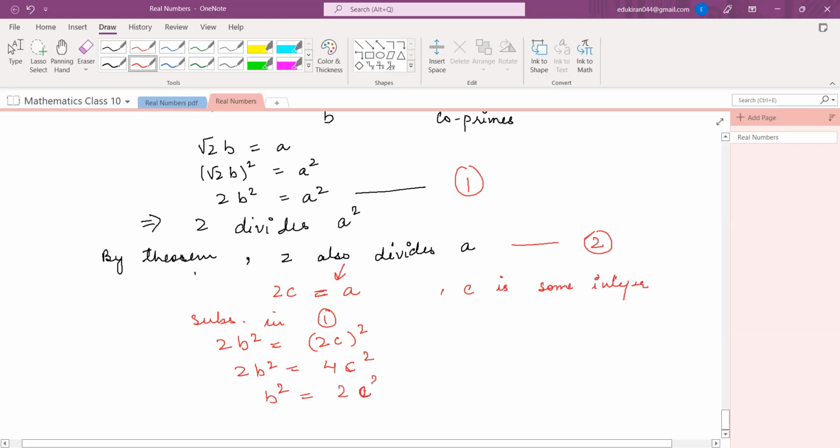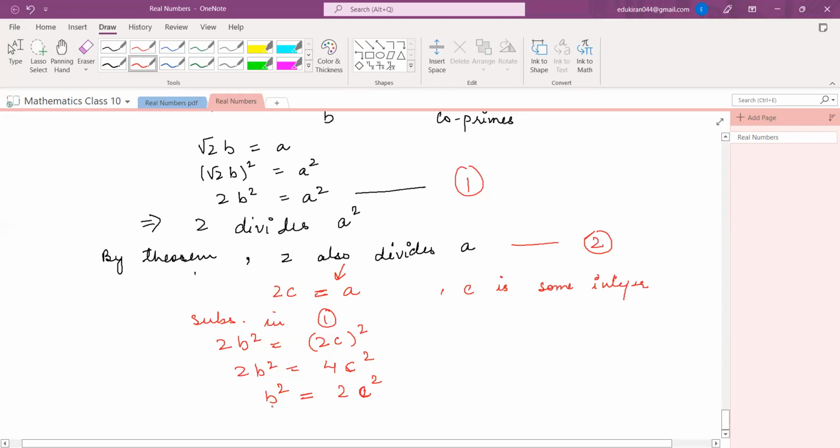Clear? Okay. Now here you can say that 2 divides b square, isn't it? Because 2 can come here in the denominator. I mean, b square is equal to 2 into some integer. So that is why 2 is a factor of b square. That means 2 is going to divide b square.